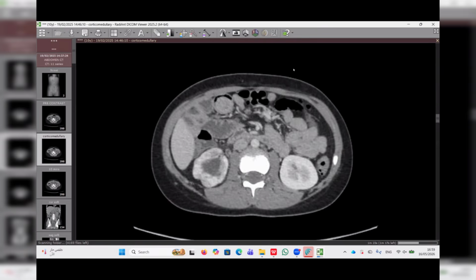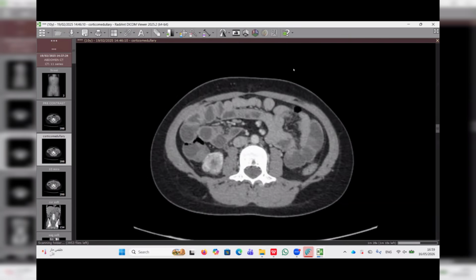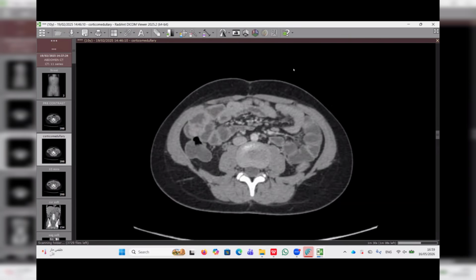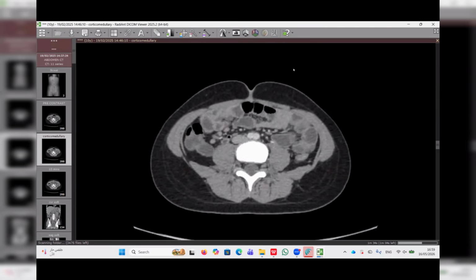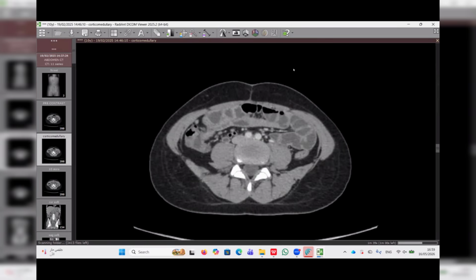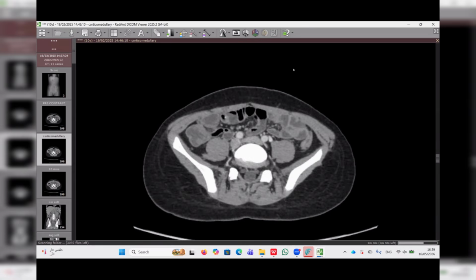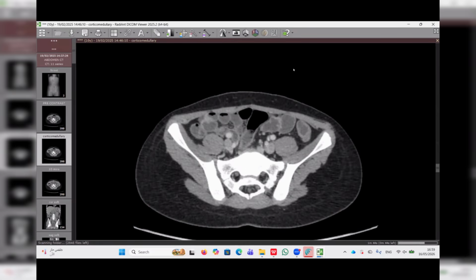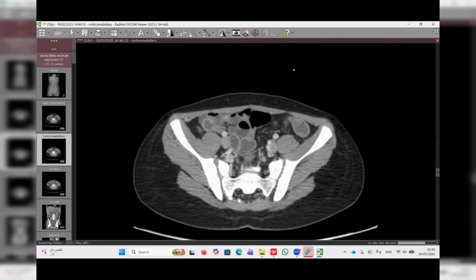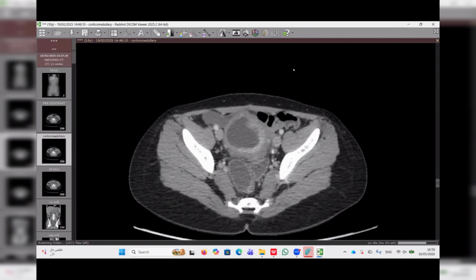Now I'm tracing the right ureter downwards. I can see it is dilated with peripherally enhancing mucosa.